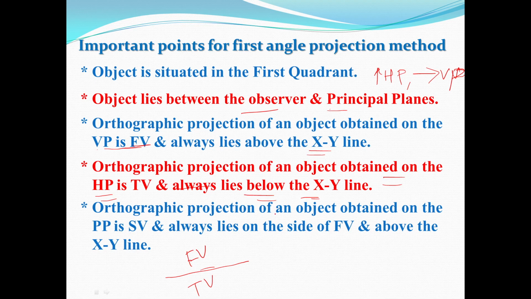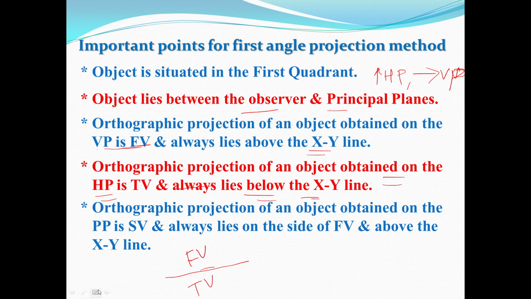The orthographic projection of an object obtained on the PP, that is the profile plane, is the side view. On the left profile plane, we get the right hand side view. On the right profile plane, we get the left hand side view.